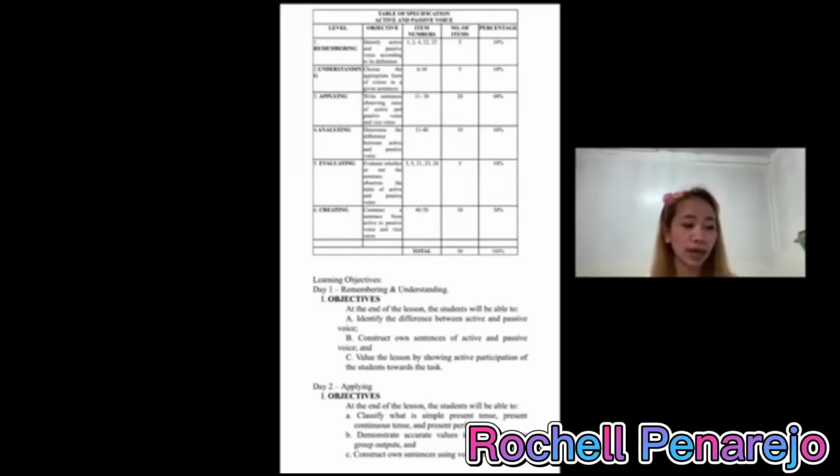So it literally connects to the applying, because our objectives in day 2 include demonstrate accurate values in participating in group outputs and classify what is simple present tense, present continuous tense, and present perfect tense.